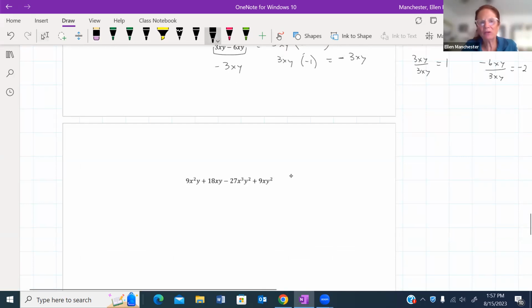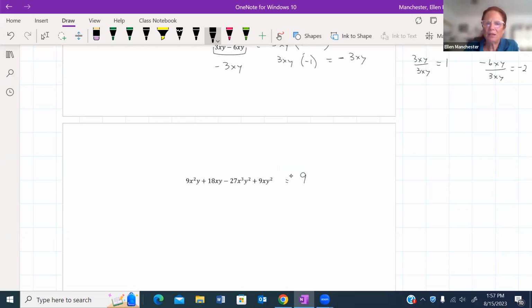Okay, last one. So, this one's even bigger. This is a polynomial in 2 variables. So we just got to remember to keep it separate. You have the coefficients and you have the variables. So first thing you want to look at is what is in common with the coefficients. So you have 9, 18, negative 27, and 9.